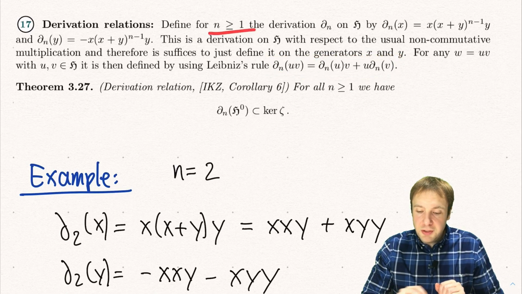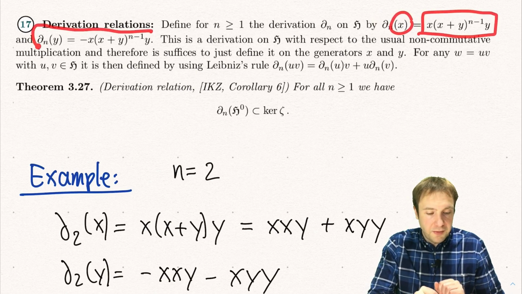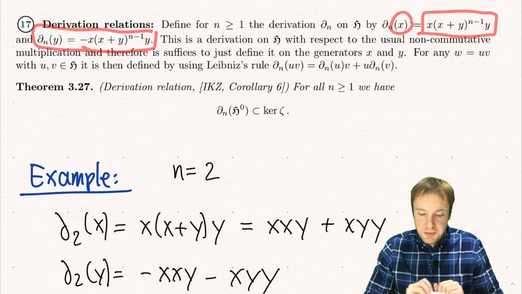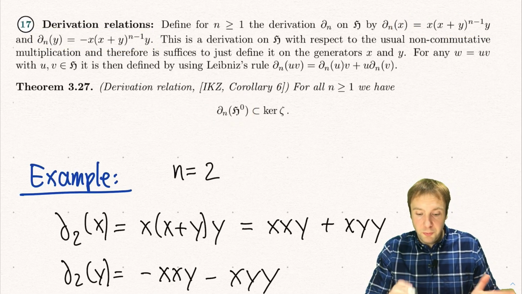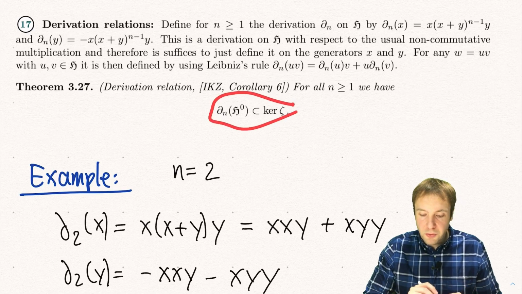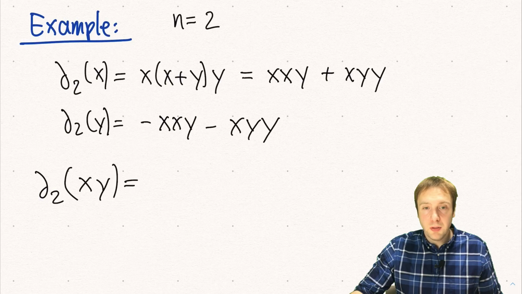In this case, for an integer n, the partial n of x is given by this word here, and the partial n of y is given by the negative. And then the statement is, if I apply this derivation to some admissible word, then this is an element in the kernel of the zeta map. And here I just give one small example.